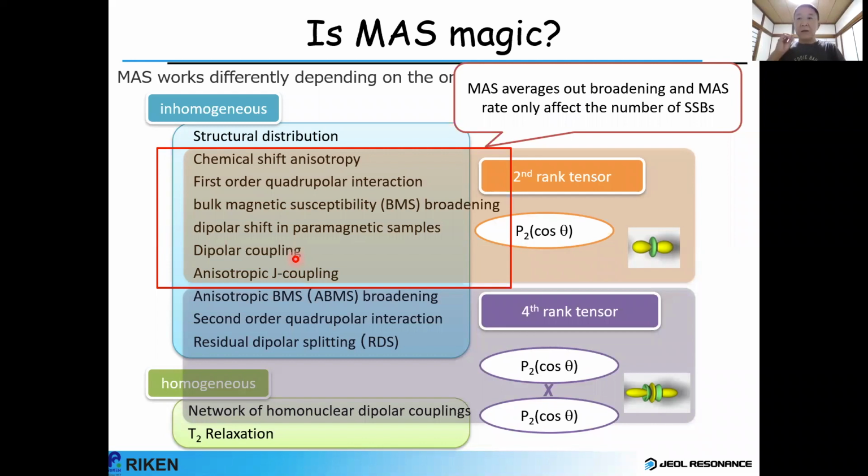If you are working on isolated nuclei, and your broadening comes from these interactions, we can remove broadening by magic angle sample spinning. However, the line shape doesn't depend on spinning frequency. So in this case, maybe fast MAS is not required.